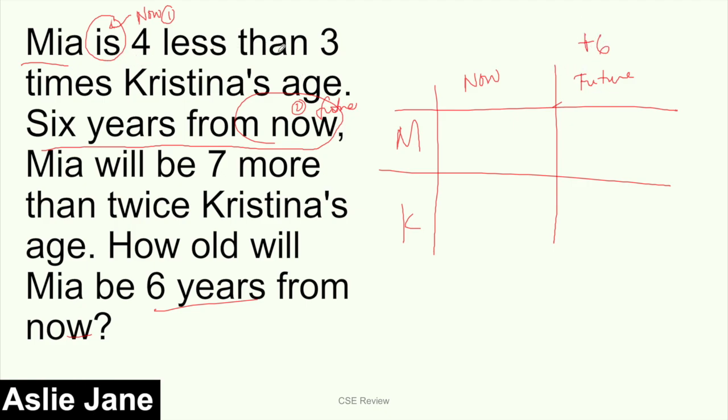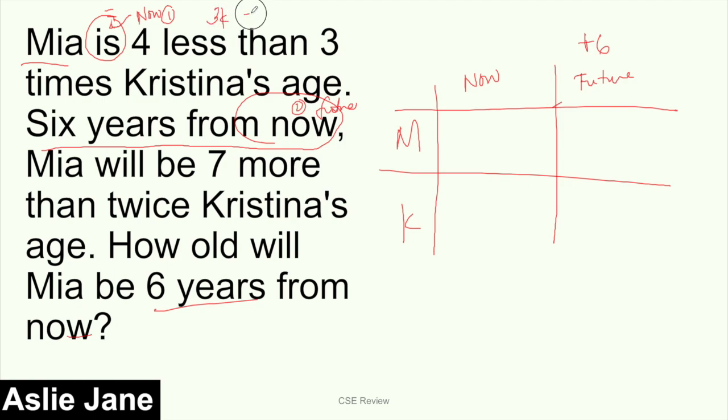Ngayon, dito muna tayo sa umpisa. Sabi, Mia is 4 less than 3 times Christina's age. Pag ibig sabihin nun, this is now. Yung edad nila ngayon, ito pinag-uusapan. Kung ano yung edad ni Mia, equal daw sa 4 less than 3 times Christina's age. So, anong gagawin natin dito? Equation construction. If you're part of the online review program or if you attended the live review event, alam mo na yan. 3 times Christina's age, okay?